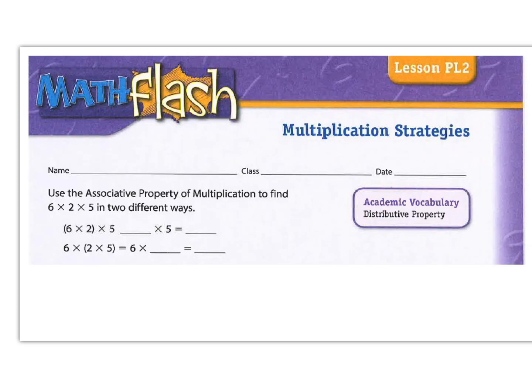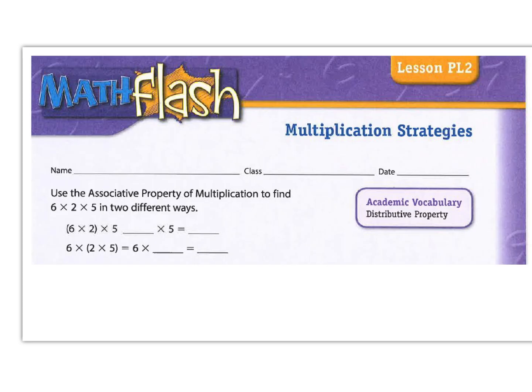So then this says use the associative property to find 6 times 2 times 5 in 2 different ways. So here you go. You have 6 times 2 times 5. And it looks like they forgot a little multiplication sign here, an equal sign. So put an equal sign right here.